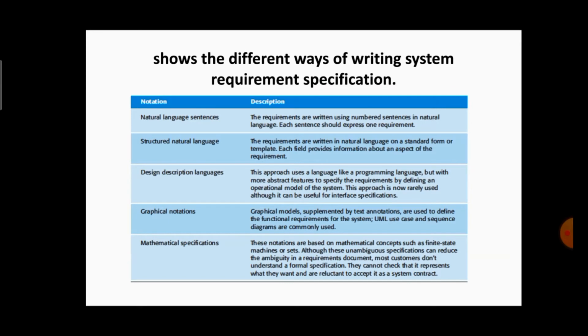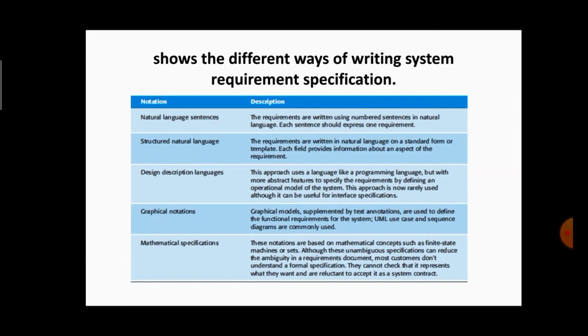Second way, you can use a structured natural language. Here structured natural language means the requirements are written in natural language, that is, in English only, but you have to follow some standard format, template. So our requirement document can be an example for this.